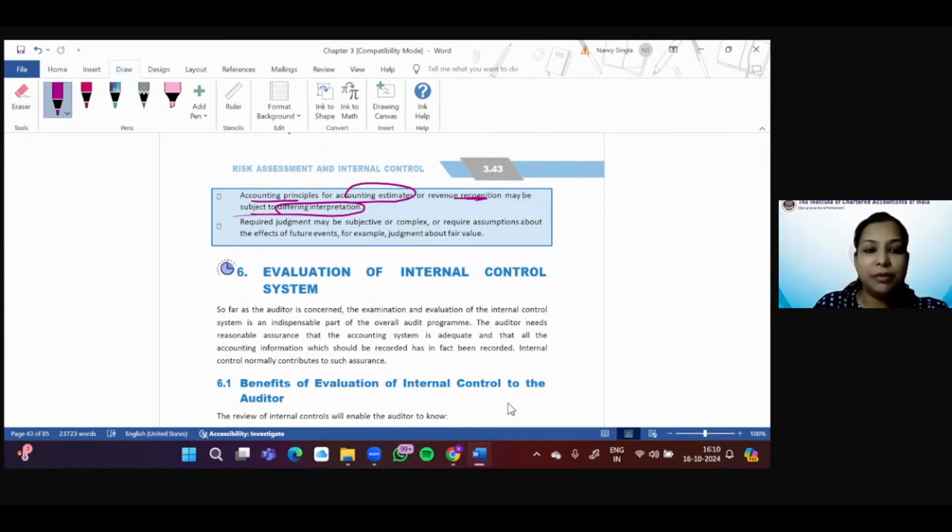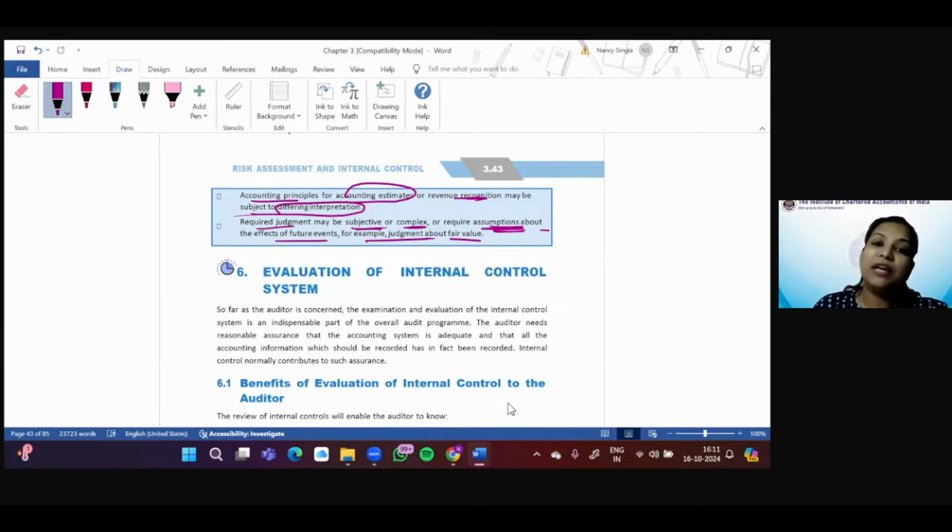Further, the required judgment may be subjective or complex and require assumptions about the effects of future events, for example, judgments about fair value. Judgments differ from person to person, from management to management. That is why judgmental matters also become a significant risk. Is it clear?